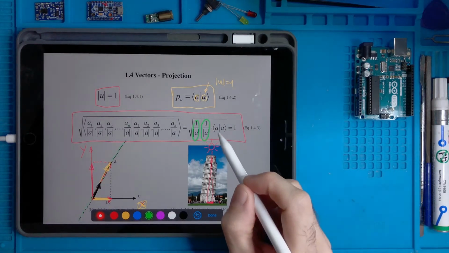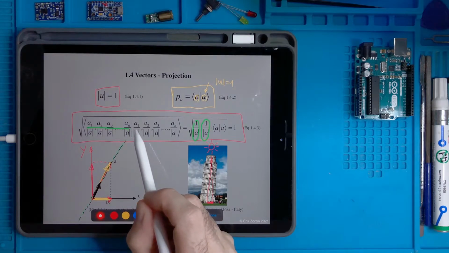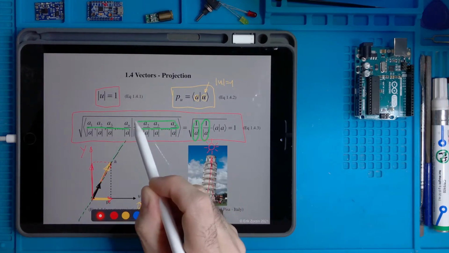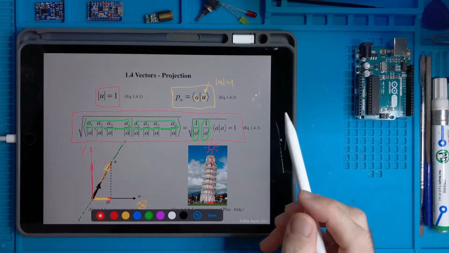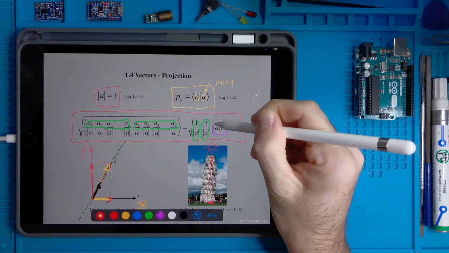Then what remains is the inner product, which is between those and those other numbers here, which is written here.